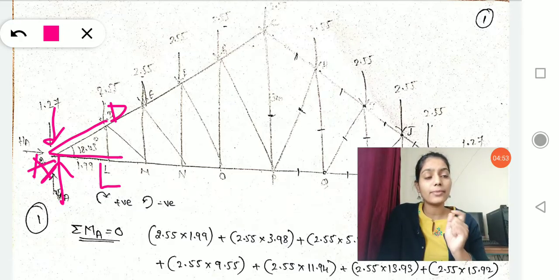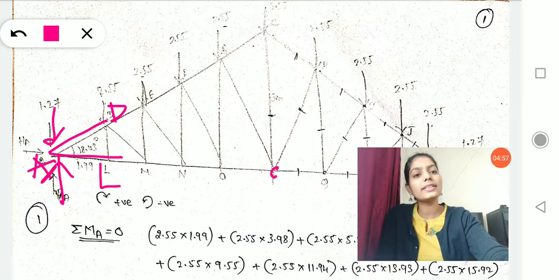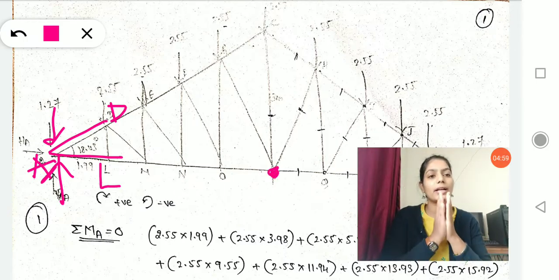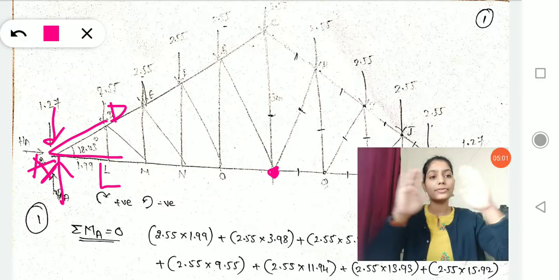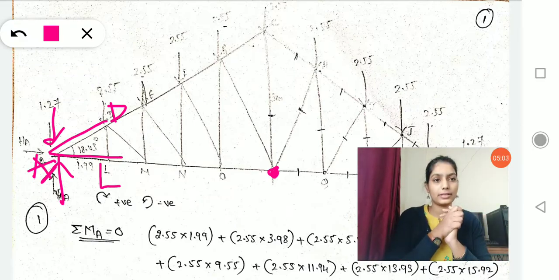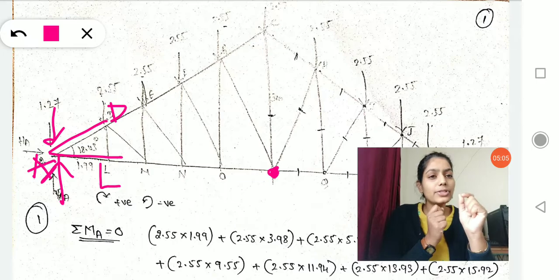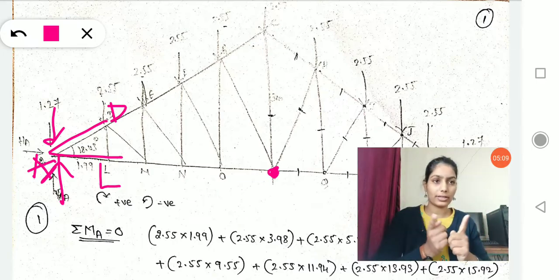How and why do we call it the joint method? See, I am utilizing a single joint, cutting down my whole truss into joints. I am taking a specific joint out of my whole structure.